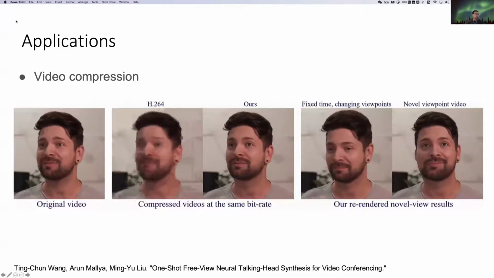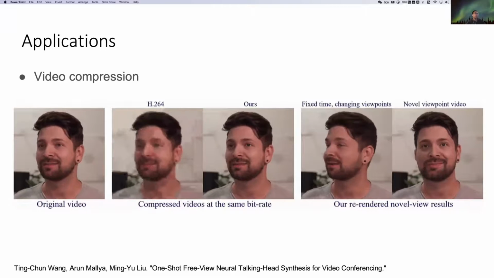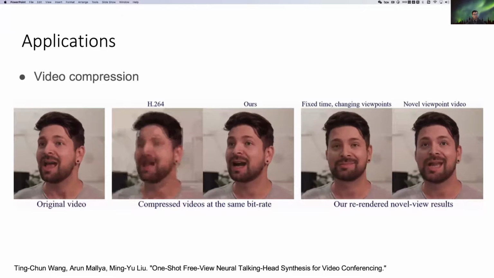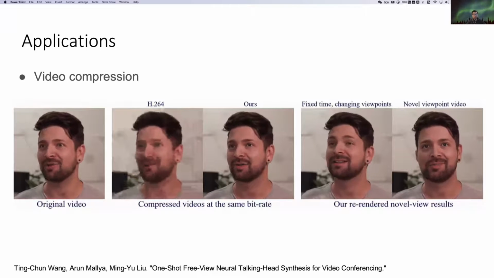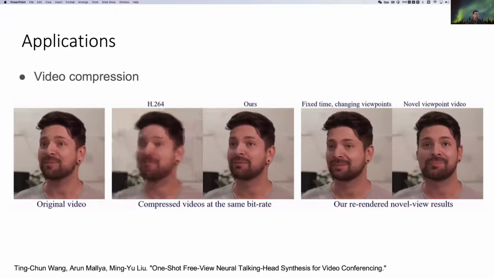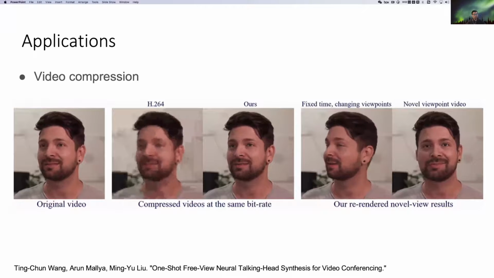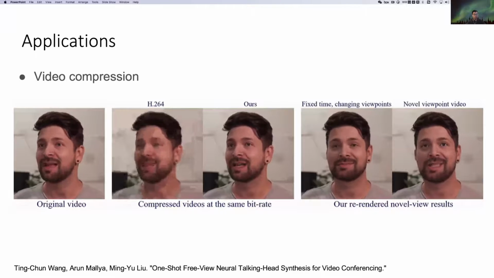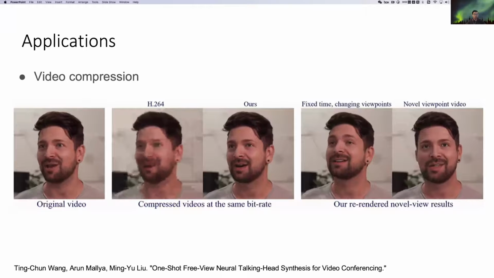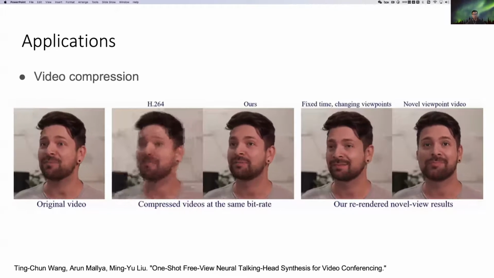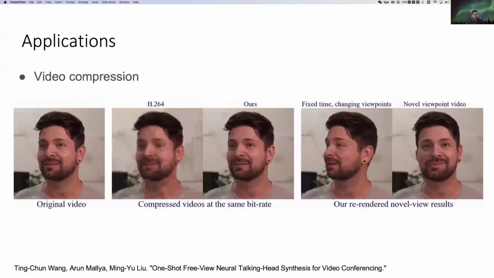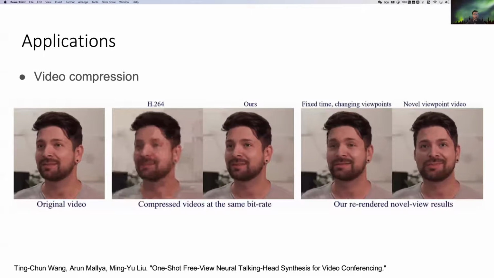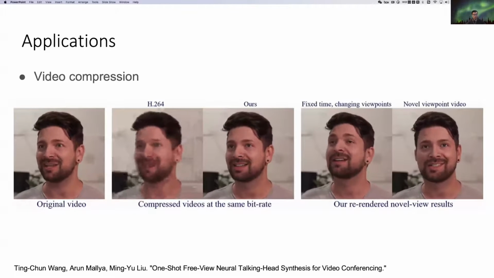So first, let's talk about the applications. For example, recently researchers at NVIDIA proposed an AI-based video compression method. Their compact key point representation enables a video conference system that achieves the same visual quality as the commercial H.264 standard, while only using one tenth of the bandwidth.